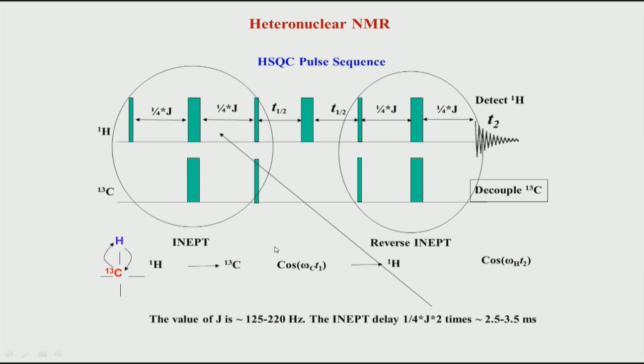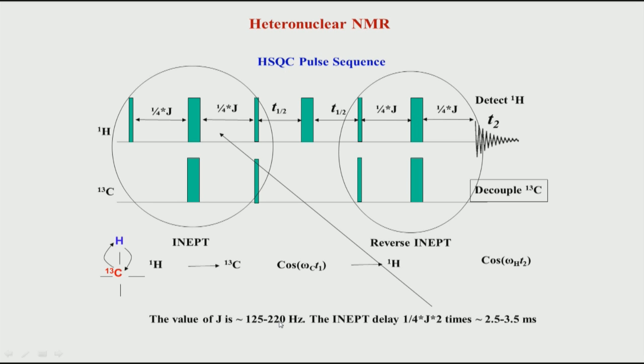Typically, what is done is this period 1 over 4 times J is chosen. J depends; now J is shown here, this is an approximate value for a hydrogen-carbon directly connected pair, from sp3 carbon going all the way to sp carbon.